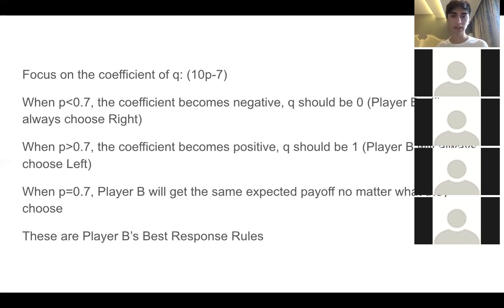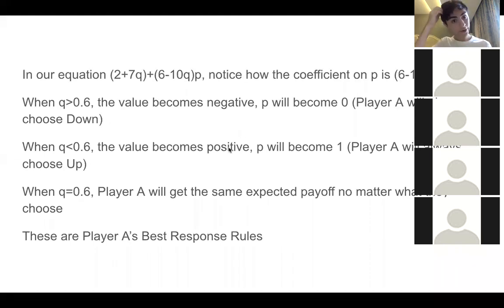So let's go back to player A's. Based on this, we know that if Q is greater than 0.6, A will go hard one way. If Q is less than 0.6, player A will go hard the other way. And if Q is exactly 0.6, then player A is going to adapt.